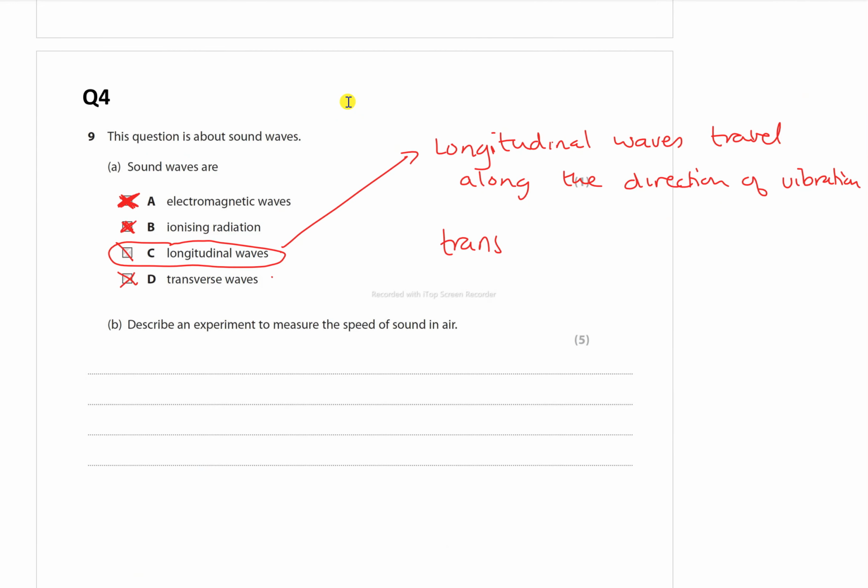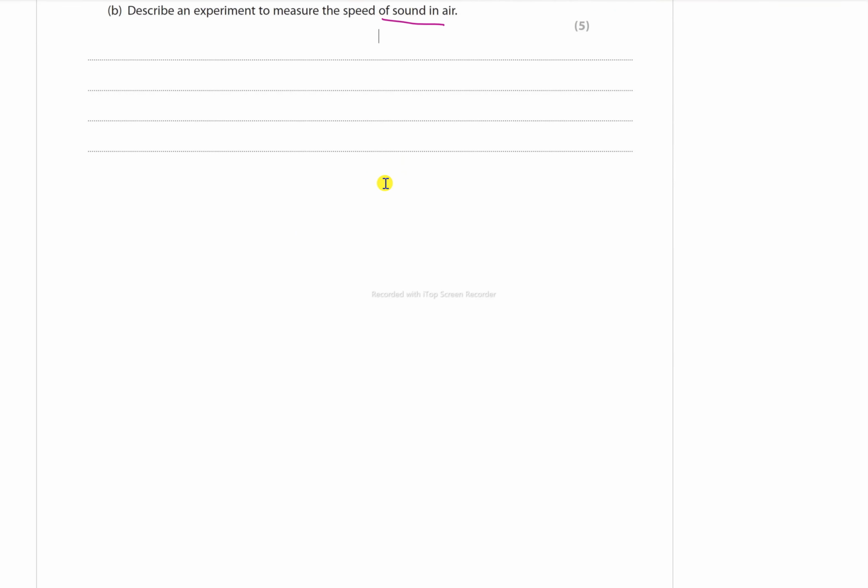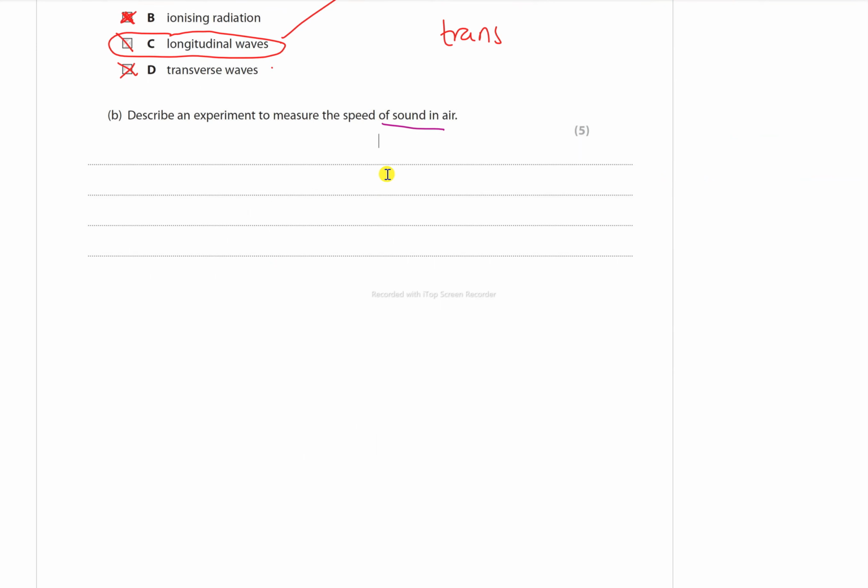Okay, so let's quickly describe an experiment to measure the speed of sound in air. There's a few points. Right, first of all, two people stand 100 meters apart.